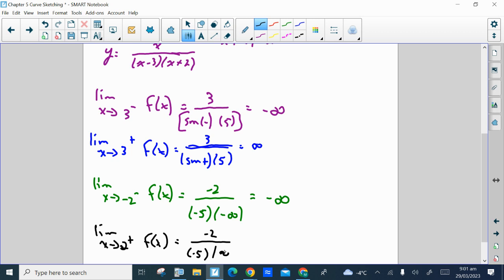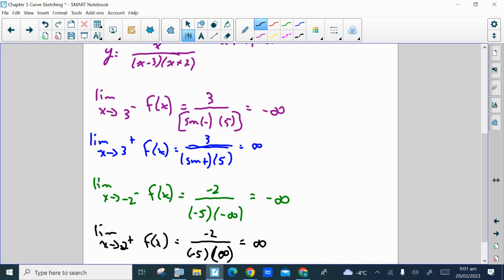So this one will approach positive infinity. And so on the bottom, you're going to approach negative infinity. The numbers are going to be negative. And on top, you also have a negative. A negative divided by a negative is a positive.